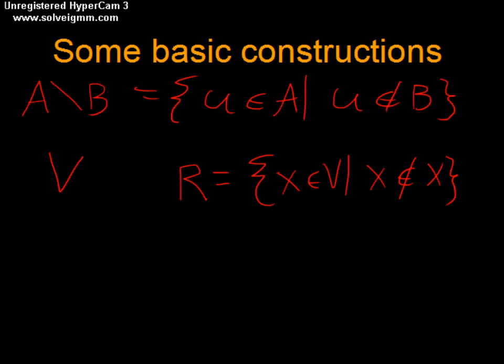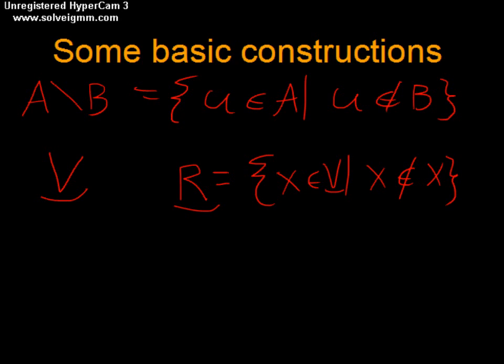But if V is a set, then by the separation axiom, R must also be a valid set. And then, analogous to the Russell paradox, we can show that it yields a paradox. So we must conclude that V is not a valid set.